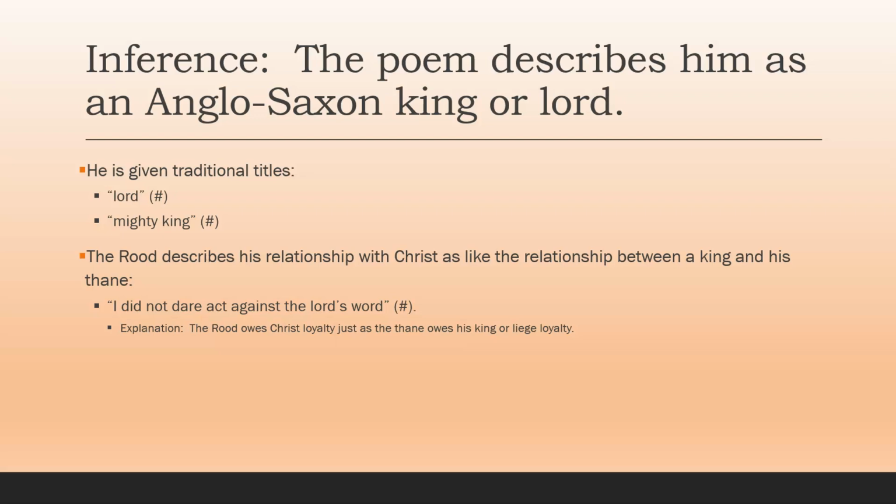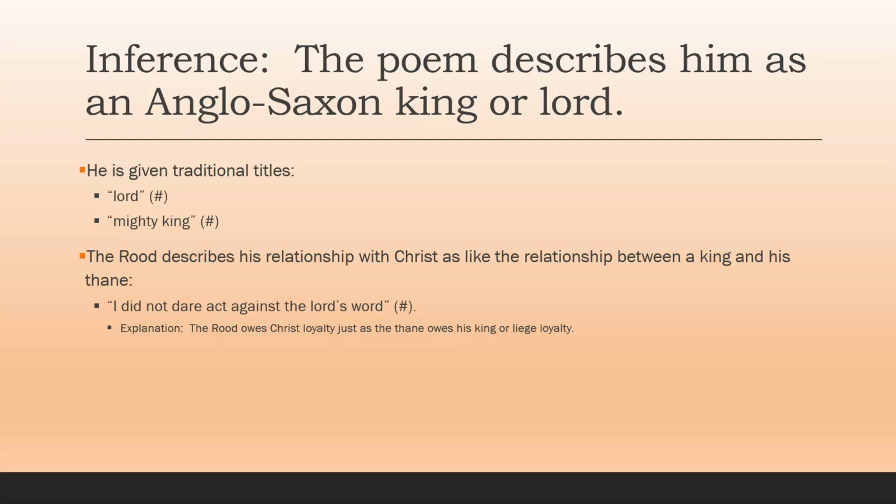Well, he is given traditional titles, Lord and Mighty King. And then in addition, the Rood describes his relationship with Christ as like the relationship between a king and his thane.